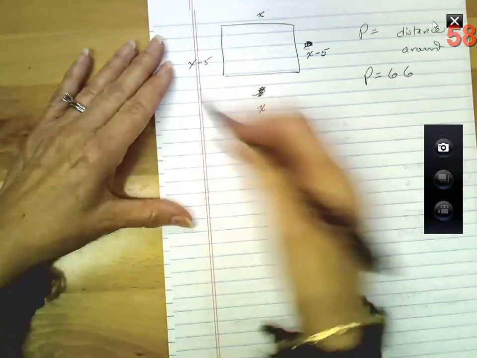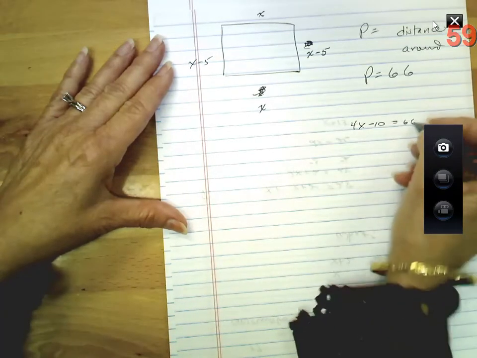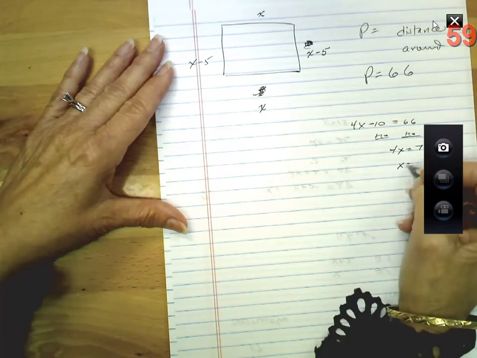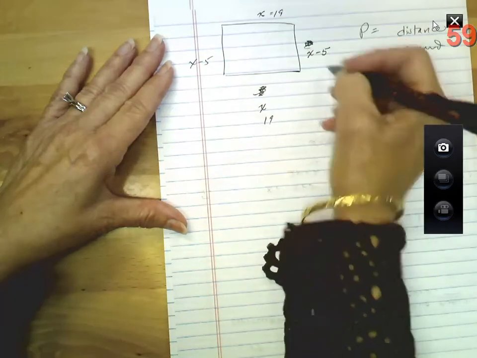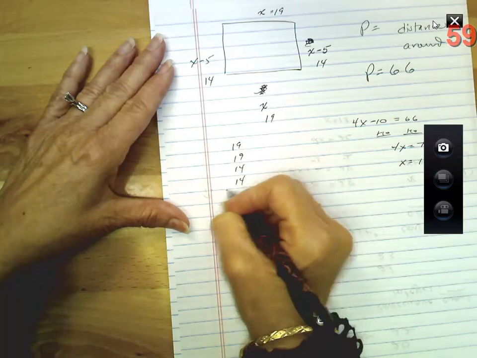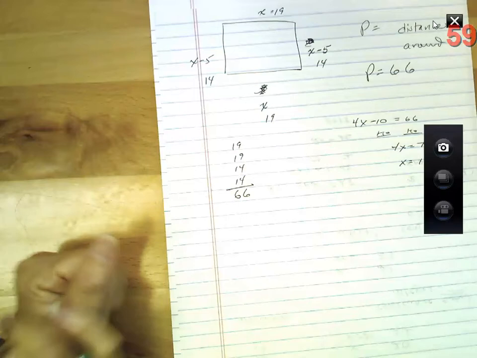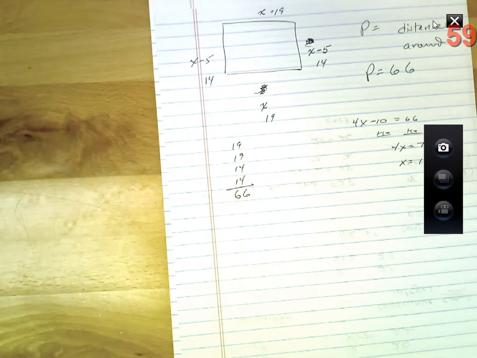If you add them all up, they're going to equal 66. Does that help?